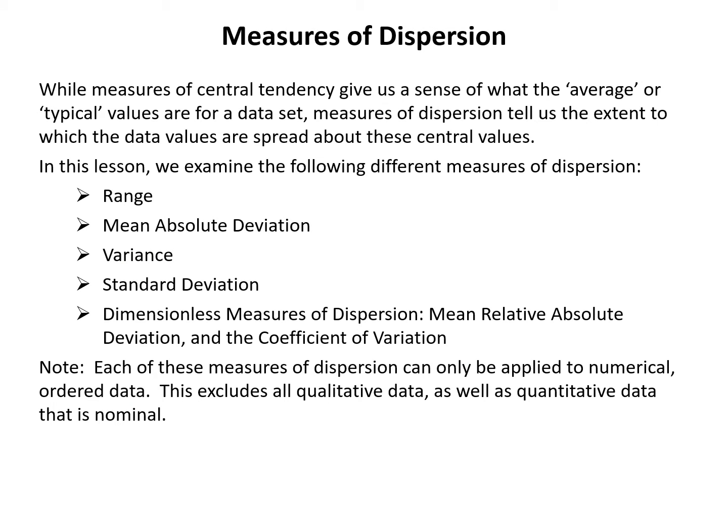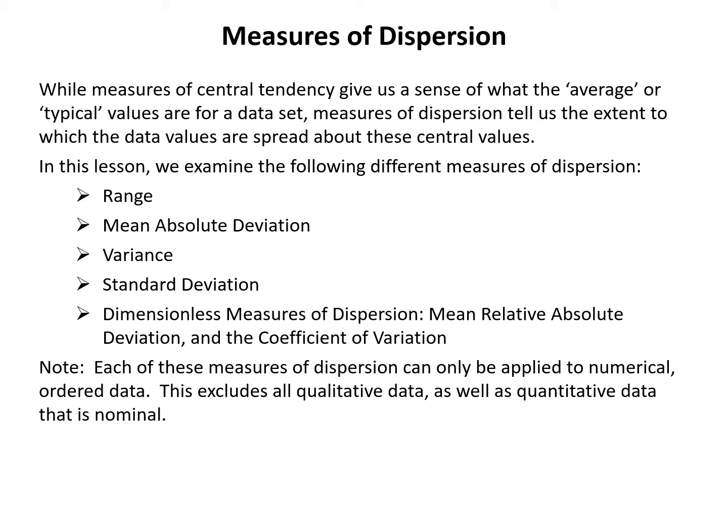In the previous lesson, we looked at measures of central tendency, which give us a sense of what the average or typical values are for a data set. Measures of dispersion, on the other hand, tell us about how much data values are spread out around those central values.